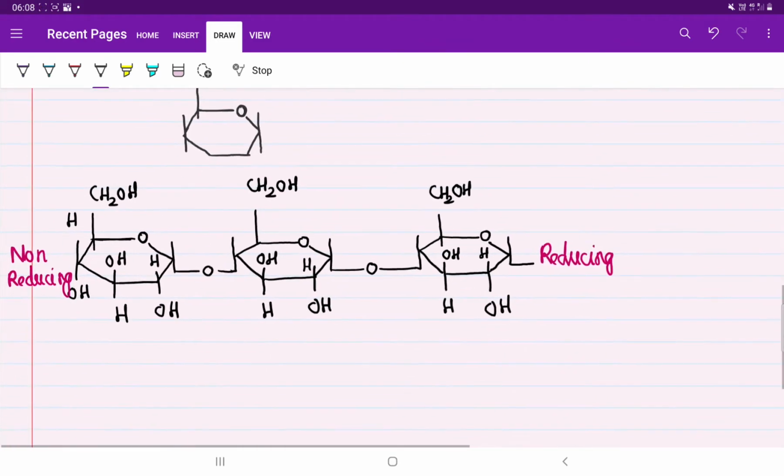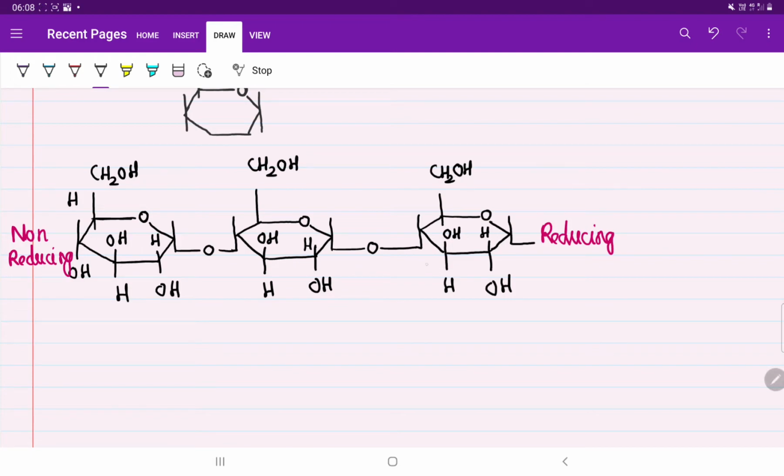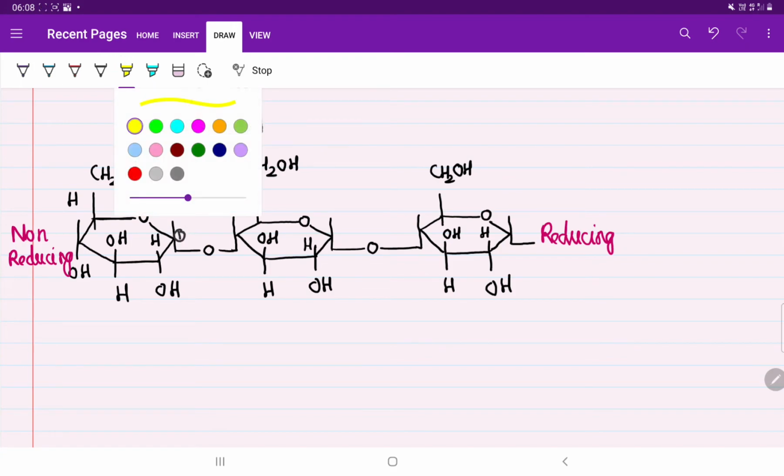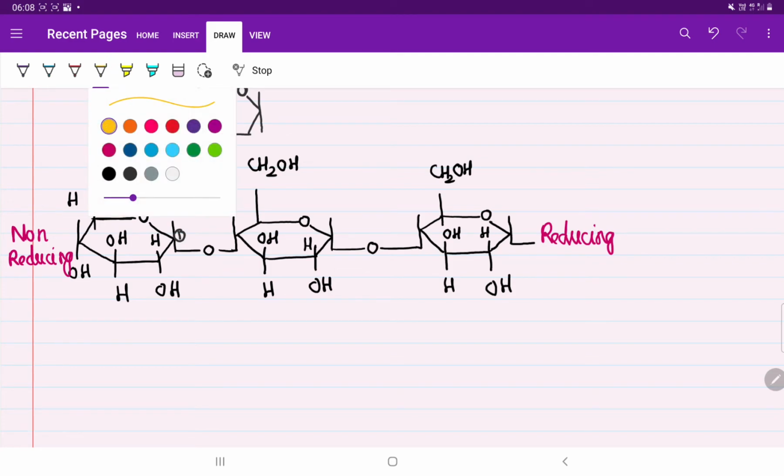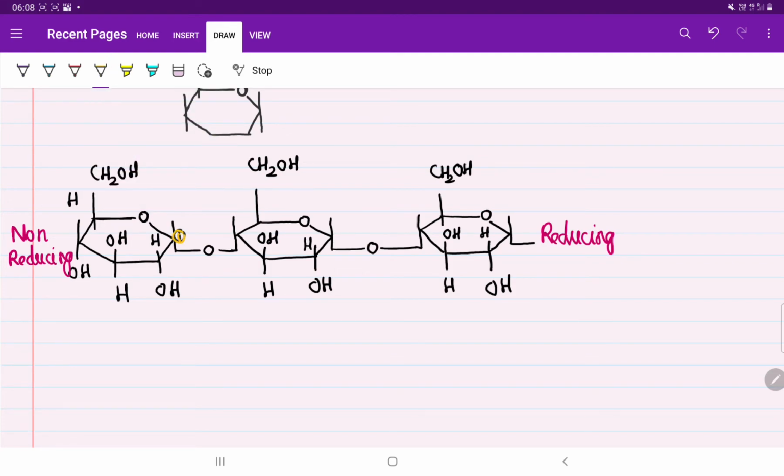Now come back to the question. Suppose this is one chain of glucose: first carbon, second carbon, third carbon, fourth carbon, fifth carbon, sixth carbon. This is another alpha glucose: first, second, third, fourth, fifth, sixth carbon, right?